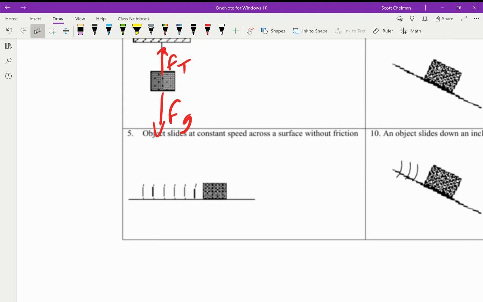All right, slides at a constant speed across the surface without friction, okay? There's two little things in there that they threw in that will affect our diagrams. So, what two forces do we know we're going to put here? Good, gravity and the normal force.